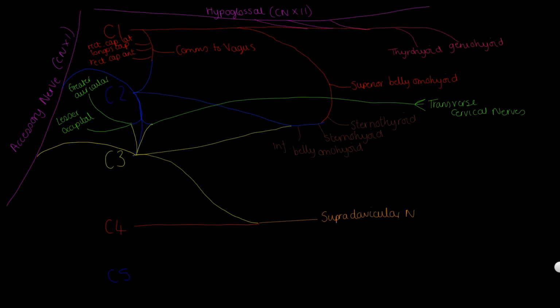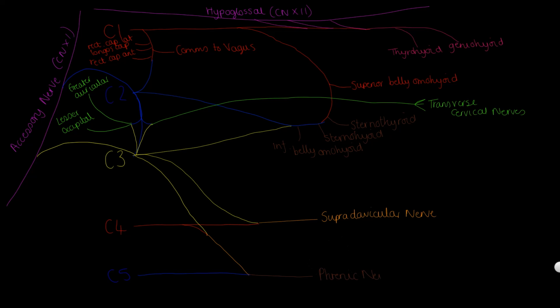And 2 other cutaneous nerves, the greater auricular nerve and the lesser occipital nerve, both of which innervate the skin behind the ear and at the back of the head.